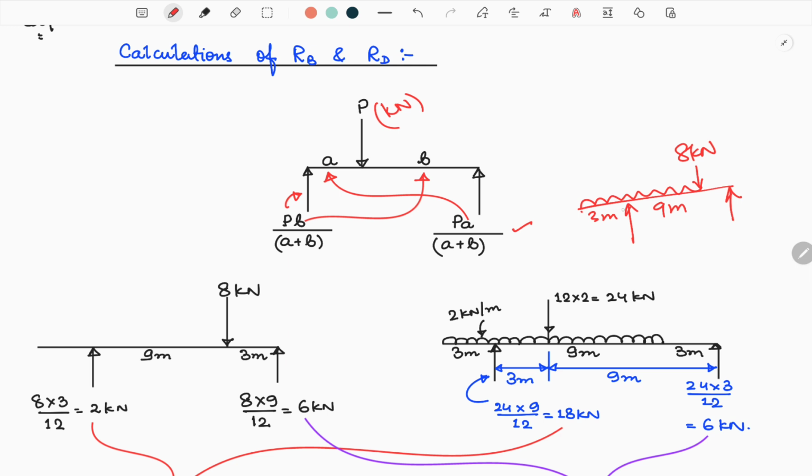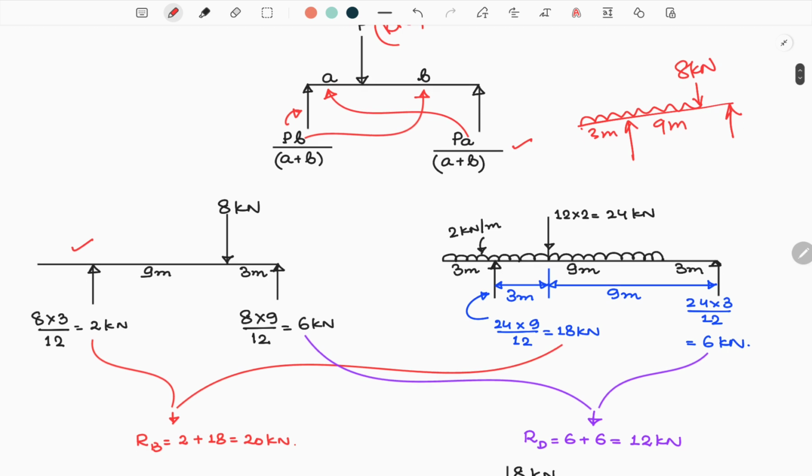So if we forget that there is any UDL, we will get this kind of diagram, and for this 8 kilonewton we can calculate the load at B and D. By the calculation, the reaction acting at B is 2 kilonewton and the reaction acting at D is 6 kilonewton. So 8 into 3 by 12 is 2, and 8 into 9 by 12 is 6.